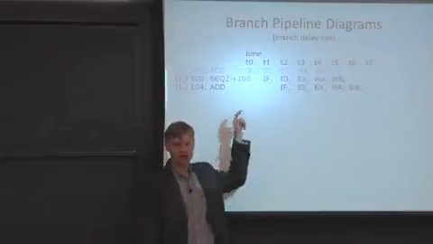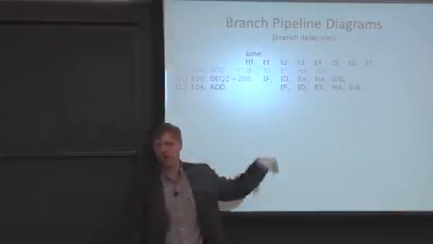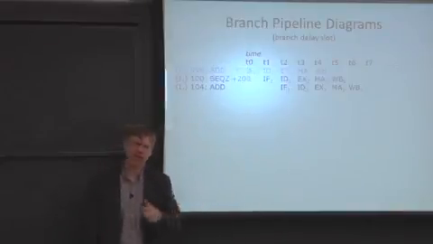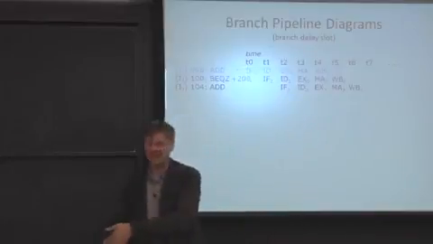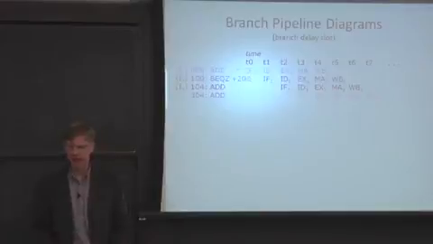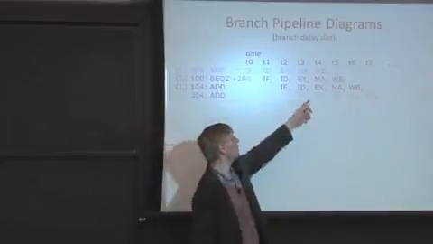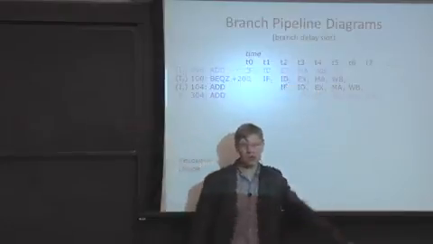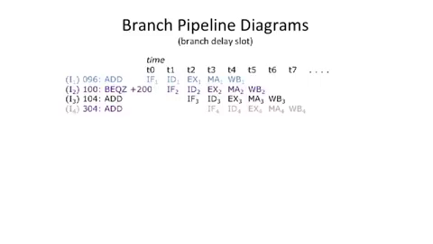So this pipeline diagram sequence here is the same for whether the branch is taken or whether the branch is not taken. In this case, we're going to say that the branch is taken, and we go to execute this next add here. But you see that there's no bubbles. There's no no-ops being inserted. So we've actually improved the performance here.